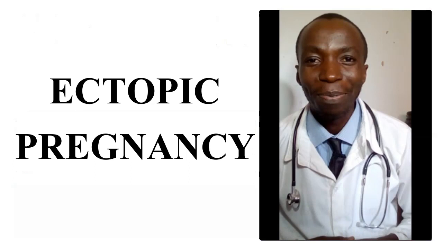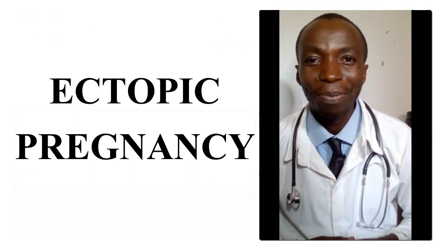That egg forms a collection of cells known as the morula or the blastocyst. That round-shaped fertilized egg moves down to the uterus, where it implants on the uterine wall, and then it grows into an embryo and definitely into a fetus.